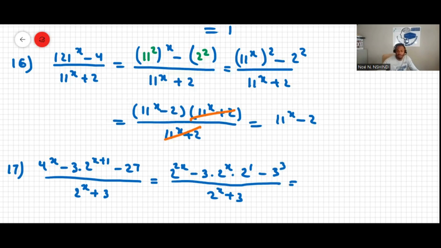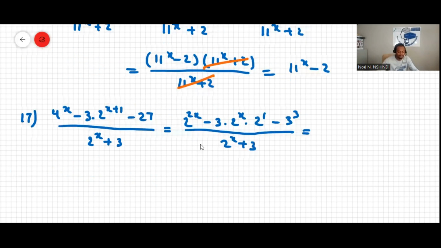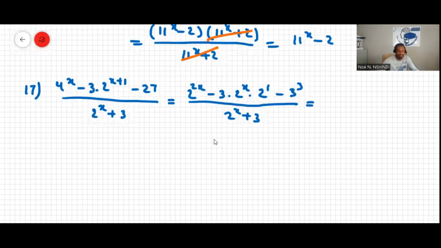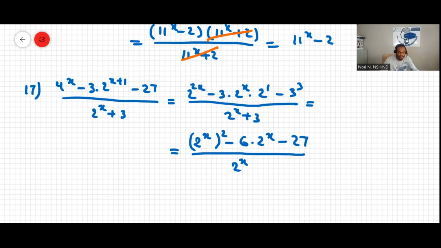Then, what does it make? At the numerator, 2 to the 2x can be written as 2 to the x, to the power of 2, minus 3 times 2 to the x. Over here, we can do 3 times 2, that makes 6 times 2 to the x, minus 27, all over 2 to the x plus 3.